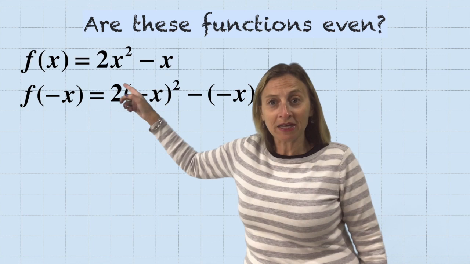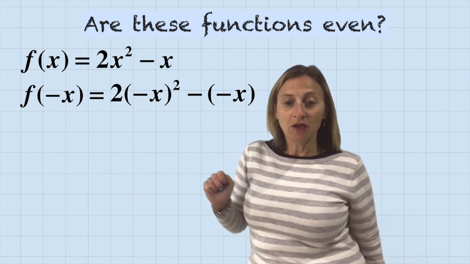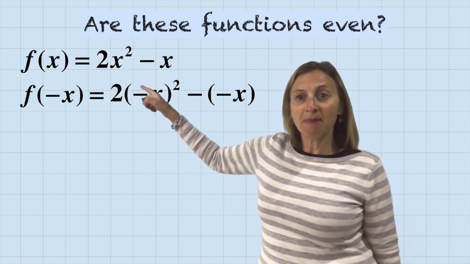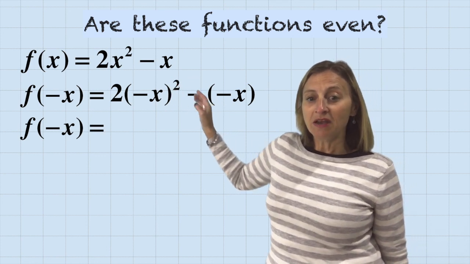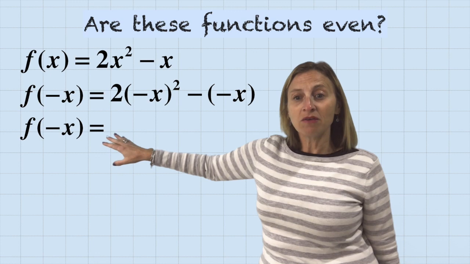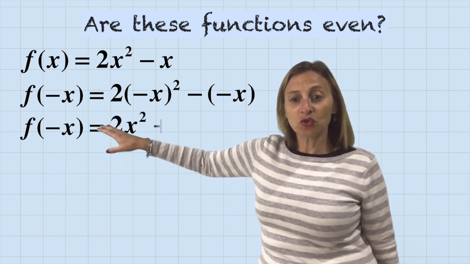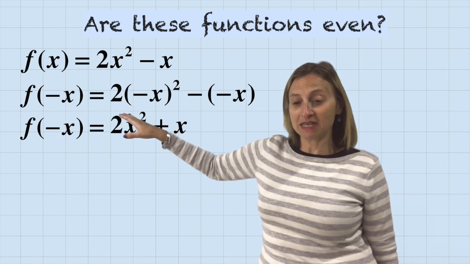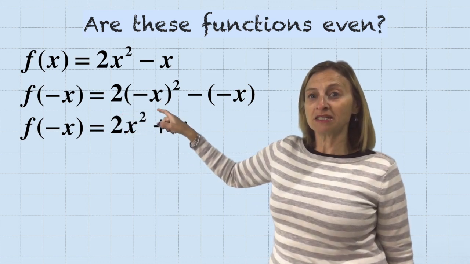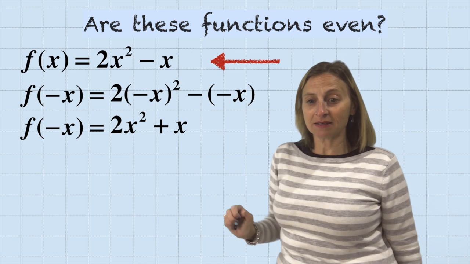Don't forget to use brackets, and that way we don't make a mistake. So we have 2 bracket minus x all squared minus bracket minus x. Now I want to simplify the brackets, so I get equals 2x squared, because minus x times minus x is plus x squared, and a minus is a plus, so I have plus x.